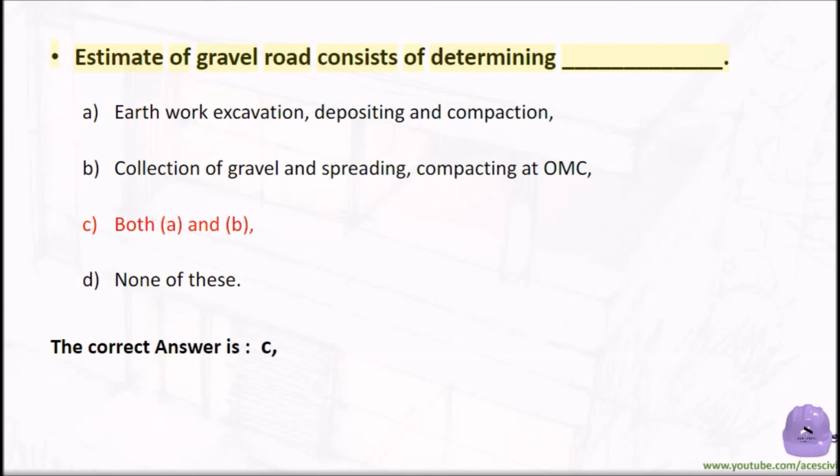Estimate of a gravel road consists of determining: A. Earthwork excavation, depositing and compaction, B. Collection of gravel and spreading, compacting at OMC, C. Both A and B, D. None of these. The correct answer is C.